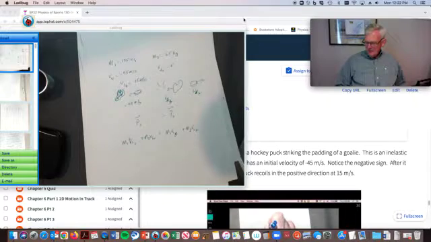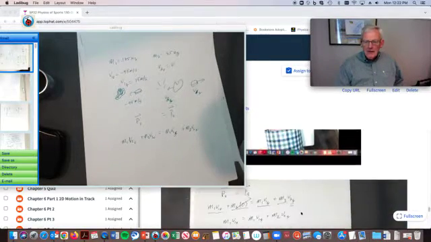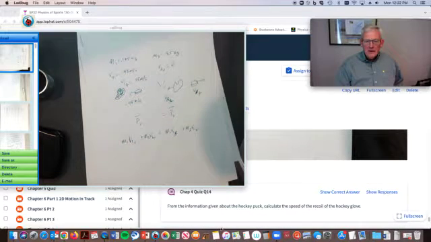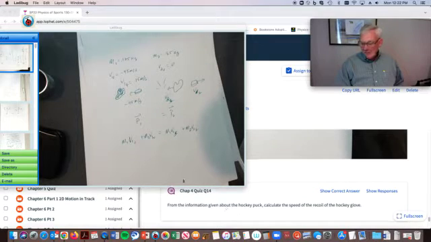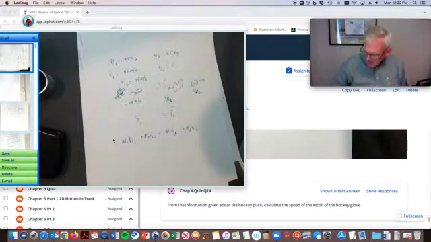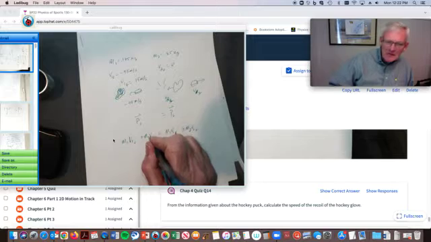So what are we after? What did they ask for here? Calculate the recoil of the hockey glove. So we want to find V2 final. That's the first thing we want to find. I bet you it's going to be negative too. The glove is stationary when we start.